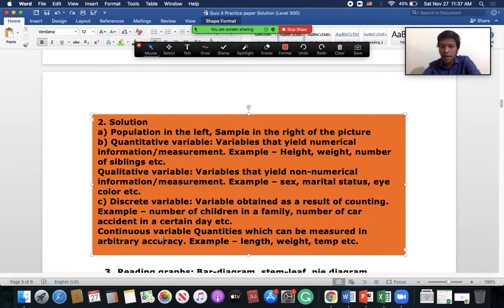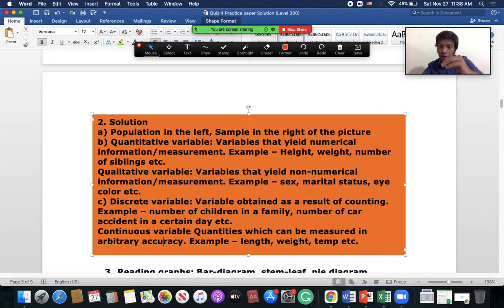Another example is time. Temperature is also a continuous variable. Suppose you boil a cup of tea and let it cool down. When it starts cooling, let's say the initial temperature is 80 degrees Celsius.